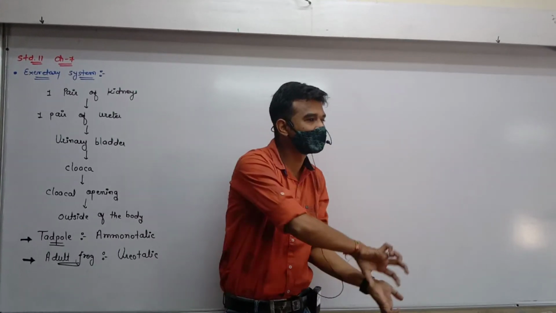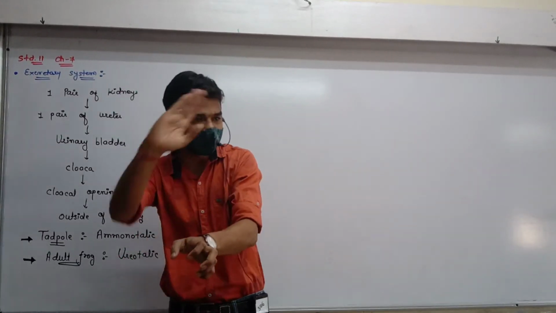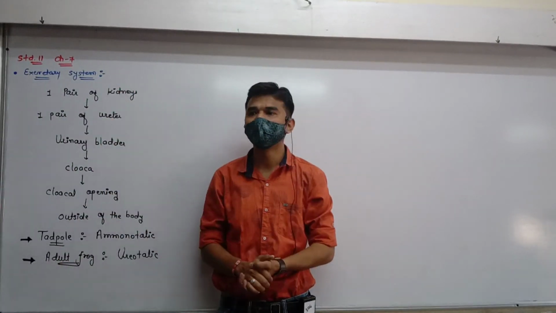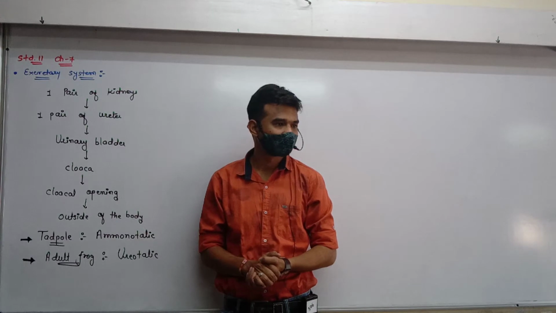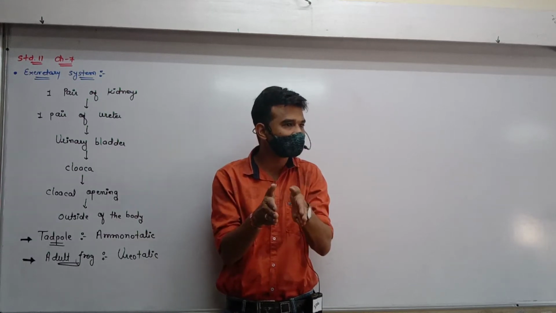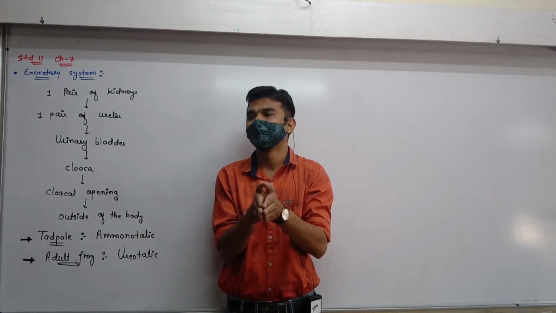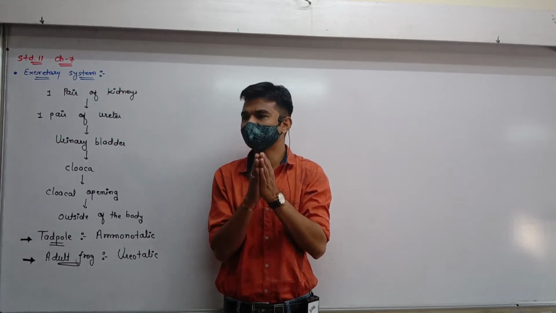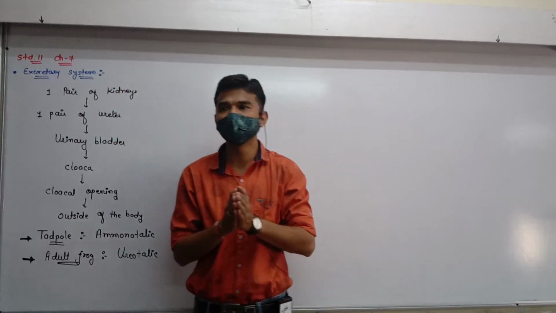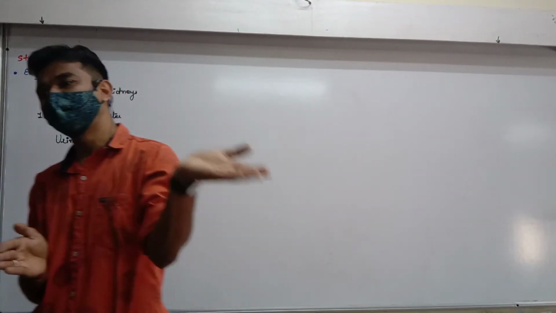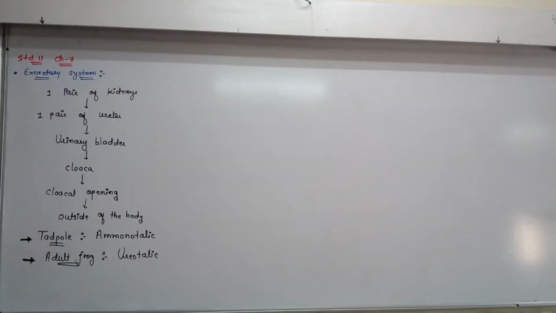It contracts, pours the urine back into the cloaca, and excretion occurs. So first, the urine comes into the cloaca for storage purpose. But later on, the urine comes into the cloaca for excretion purpose. Fine?